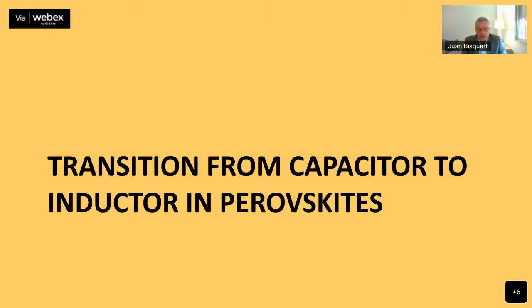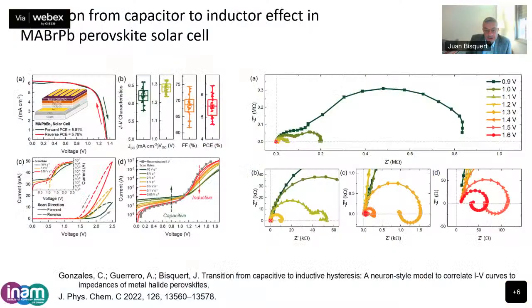So here I show something which is very nice, more complex, related to this topic, because now if we analyze bromide perovskite solar cells and other types of perovskite solar cells with voltage, there is a change of pattern. You measure the impedance at different voltage, so up to 1.2 volts, because this is a wide bandgap solar cell, so that you have to go to 1.2 to make a transition.